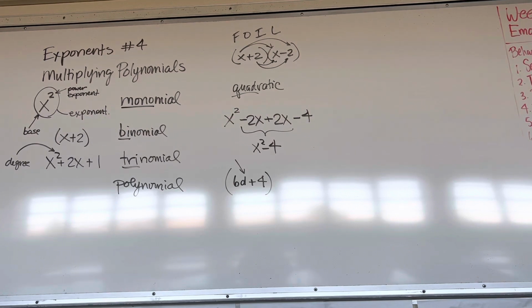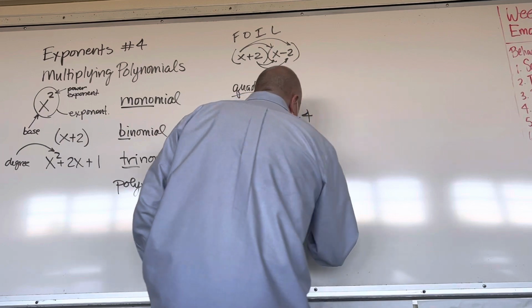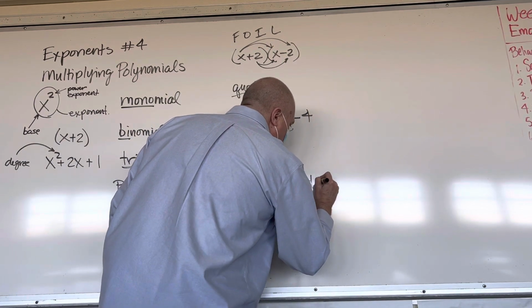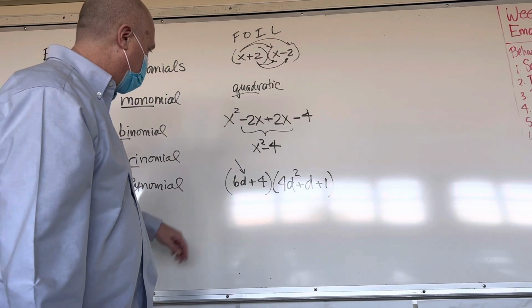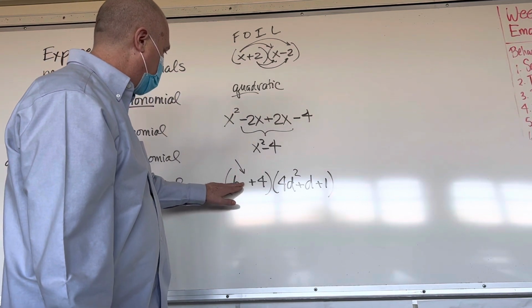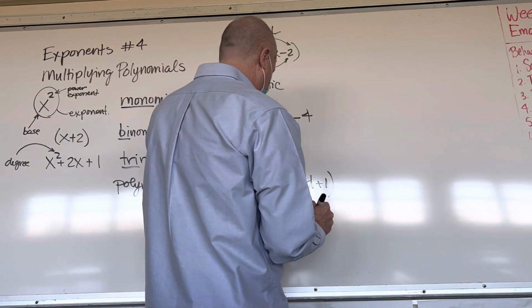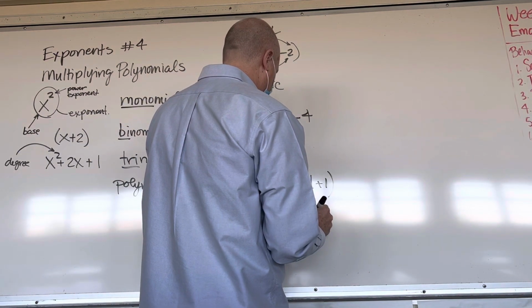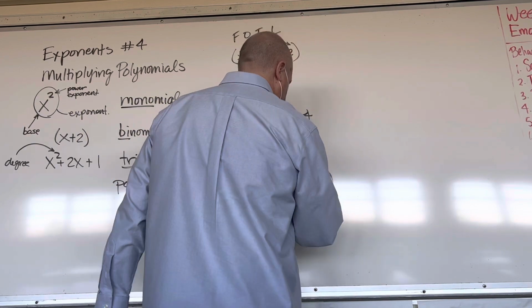In fact, I might switch. 4d squared plus d plus 1. I'm tempted to get rid of this variable and change it out for an x, because my d's are going to start to look like other things.